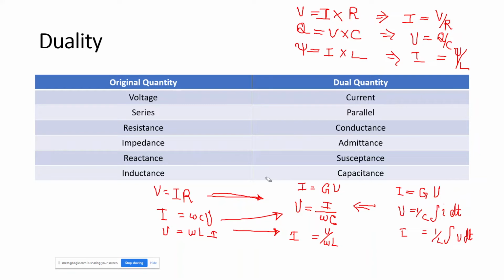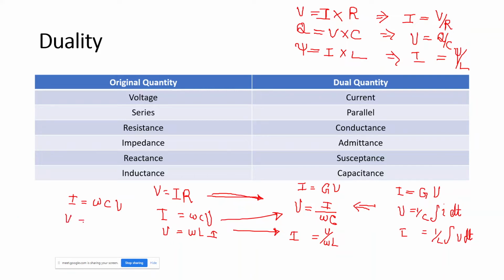Impedance will be admittance. Inductance will behave as capacitance, because, as I said, I can write I equals omega CV.